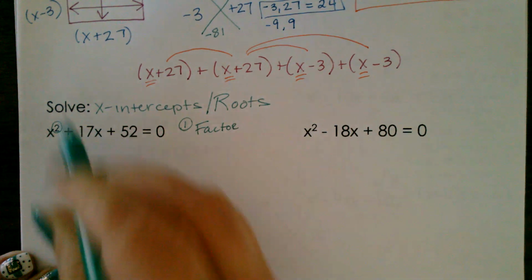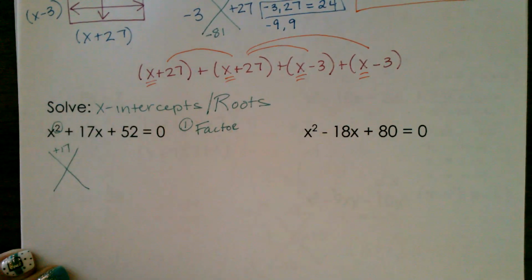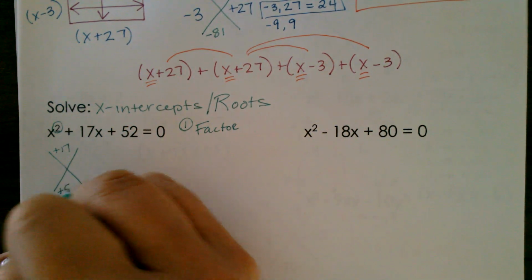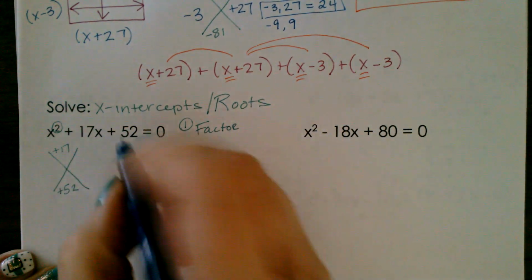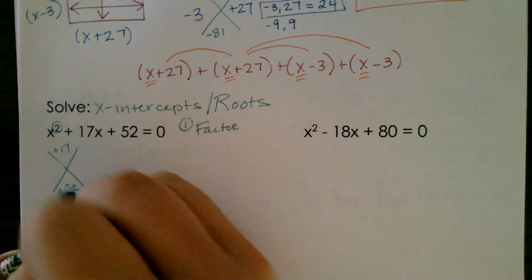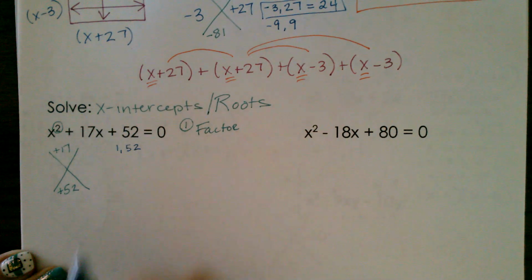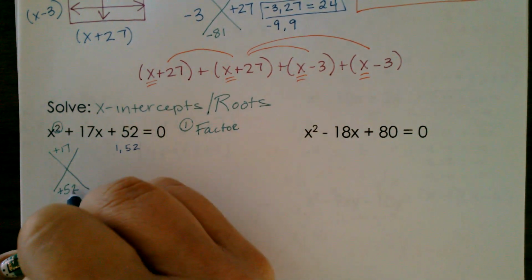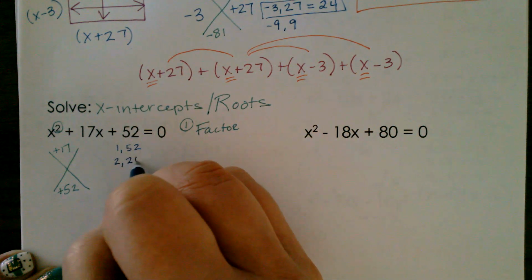Just like before, I am looking for numbers that add to 17 but multiply to 52. Well, that's positive and that one's positive, so 1 times 52, that won't work. Even number, 2 goes in there 26 times.